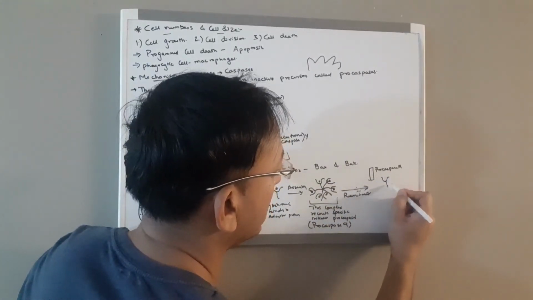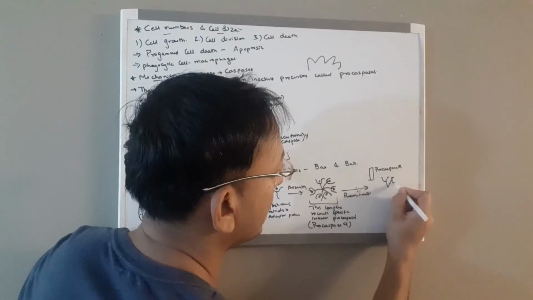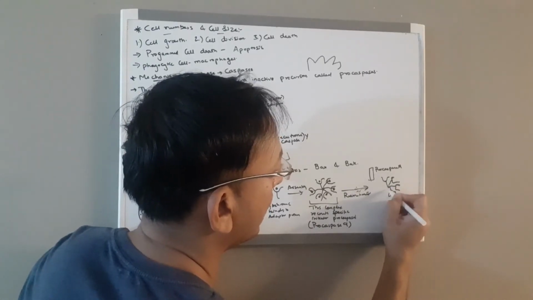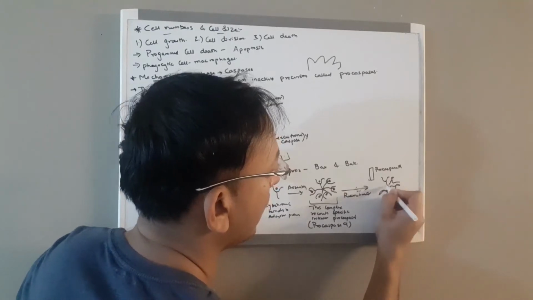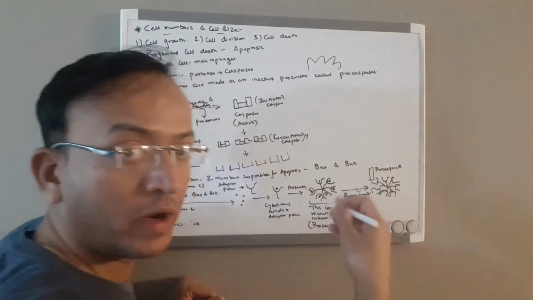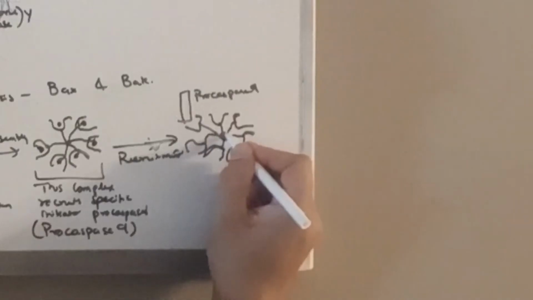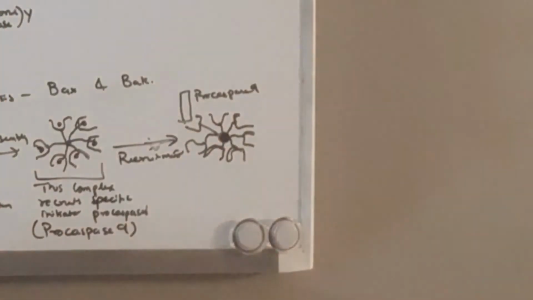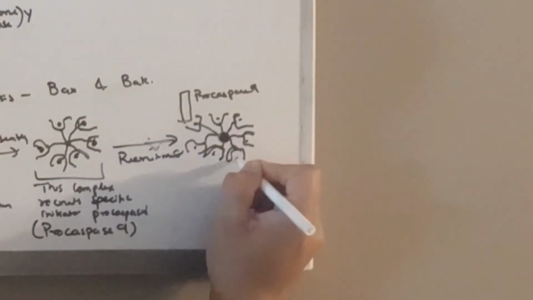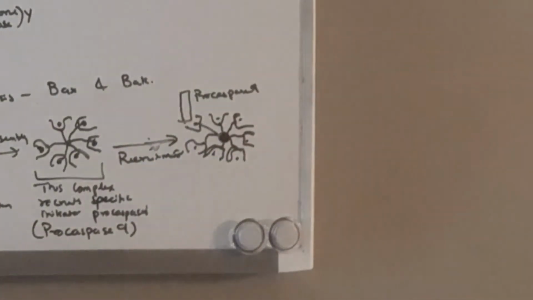Let me make another, with seven arms, and we have cytochrome C in the middle.